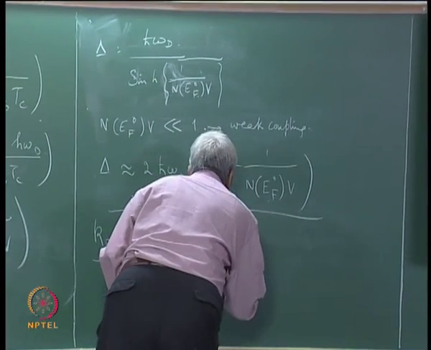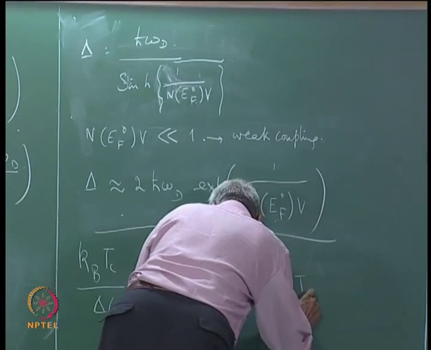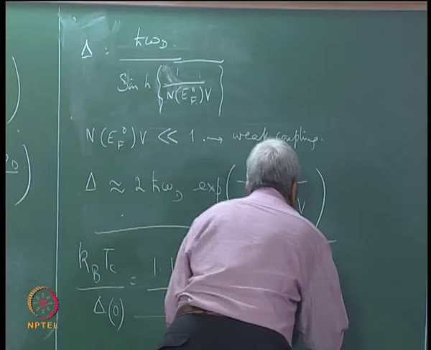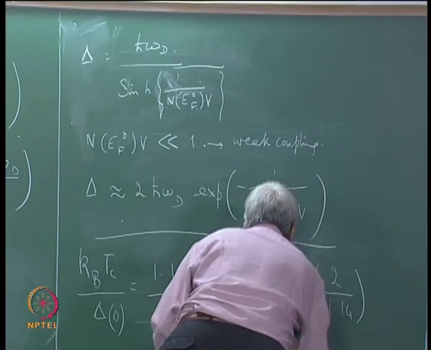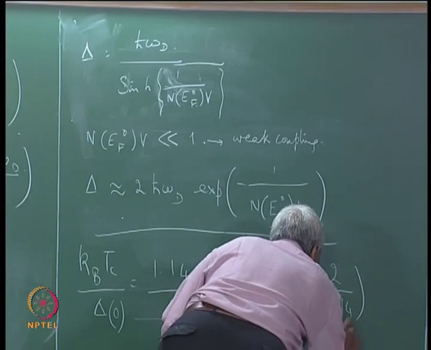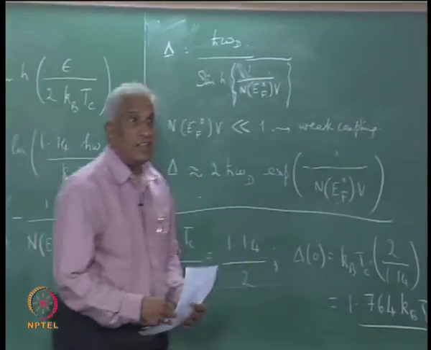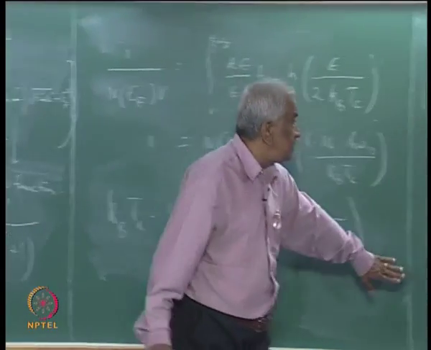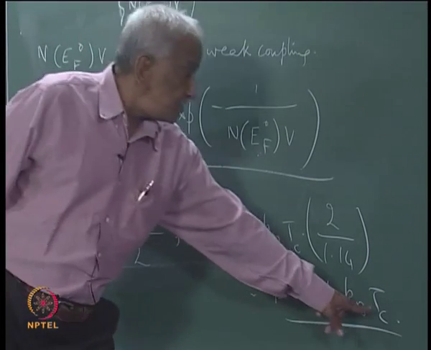In other words, delta 0 is kBTC times 2 by 1.14, which is 1.764 kBTC. So, this is another important prediction of the BCS theory at finite temperatures for the superconducting transition temperature.